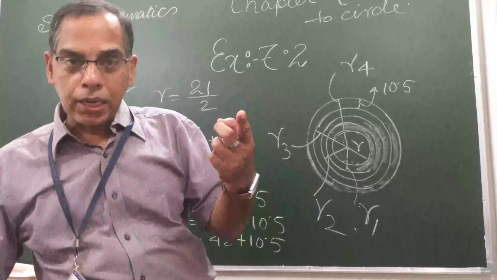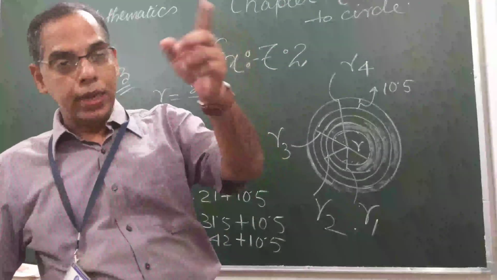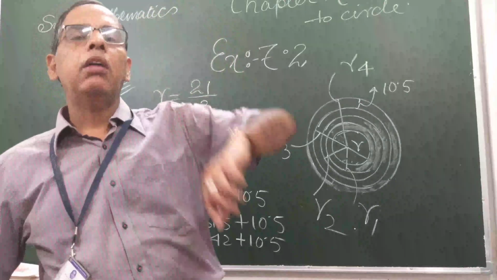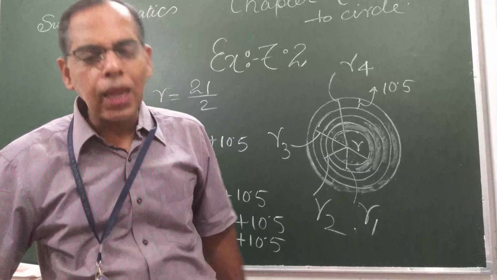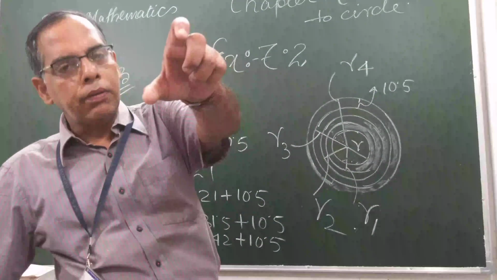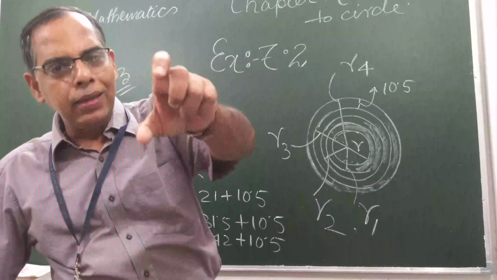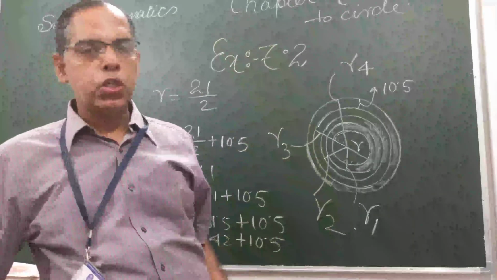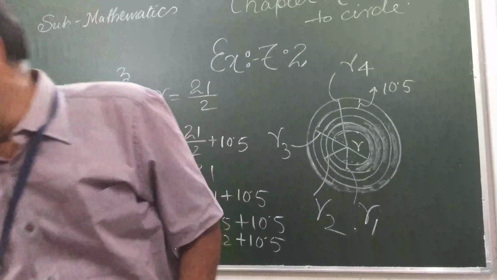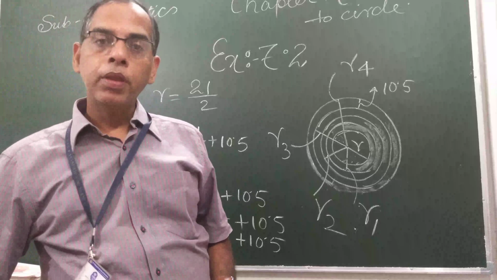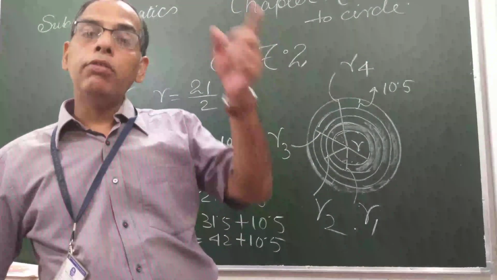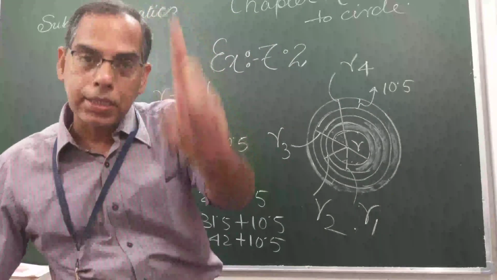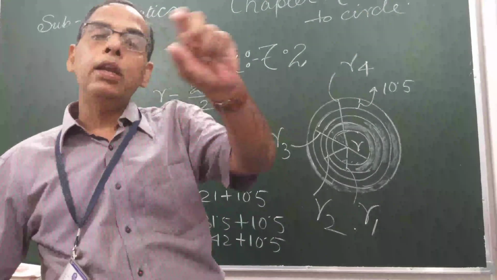Area of the second circle minus area of the first circle. Whatever value you get is the area of the red region. Next, for the blue region, area of the third circle minus area of the second circle. So you will get the area of the blue region.